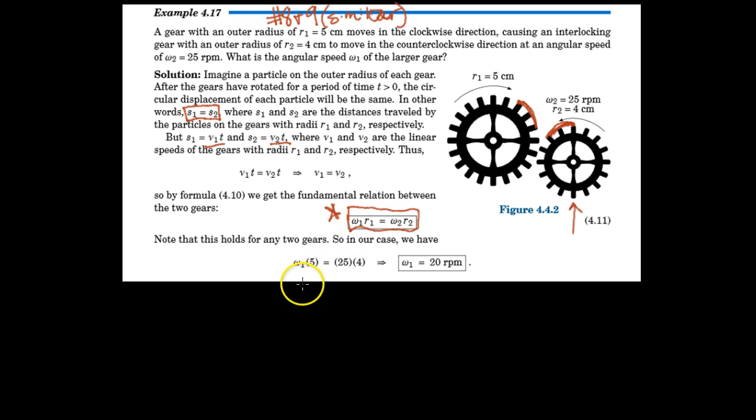And so then in this case, they give you the radius for the larger gear, and they give you the angular speed for the smaller gear, and they also give you the radius for the smaller gear, so you can find that it's 20 RPM. So we didn't have to convert this back to radians per minute or anything like that. So those problems are very similar to this, so you should be okay. And I think that's basically it.